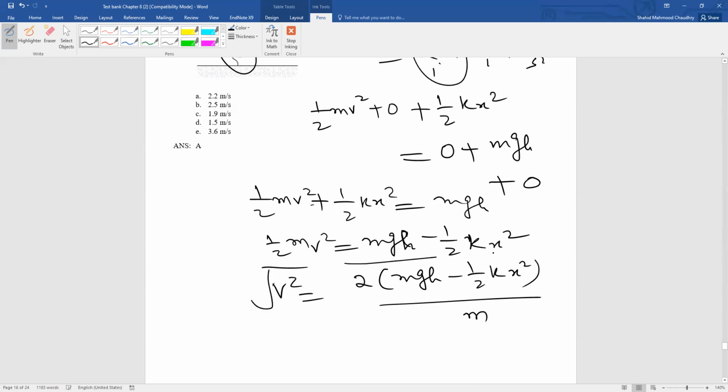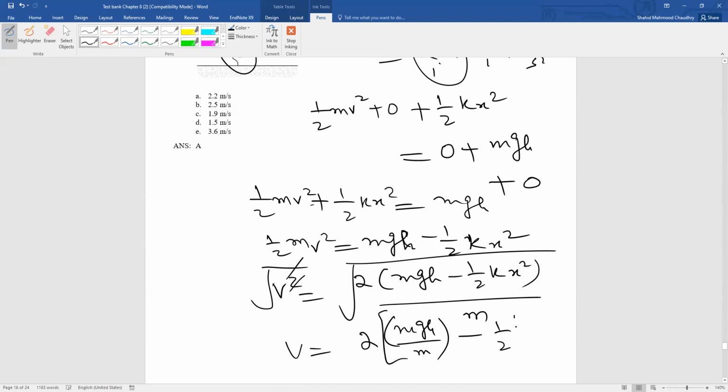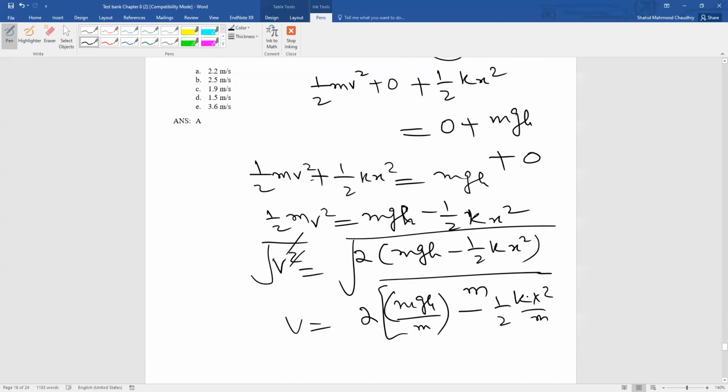So under root and under root, this will cancel. So v is equal to 2 into mgh divided by m, and minus 1/2 kx square divided by m. So you can write like this.